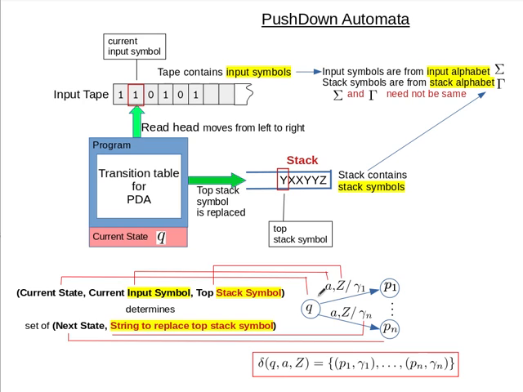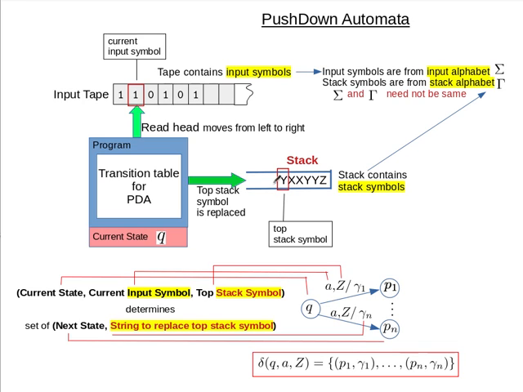And this decides two things. First of all, it decides what the next state will be, or what the set of next states will be, because we are also allowing non-deterministic transitions. So it determines the next state, and also it determines the string that will replace this top stack symbol.